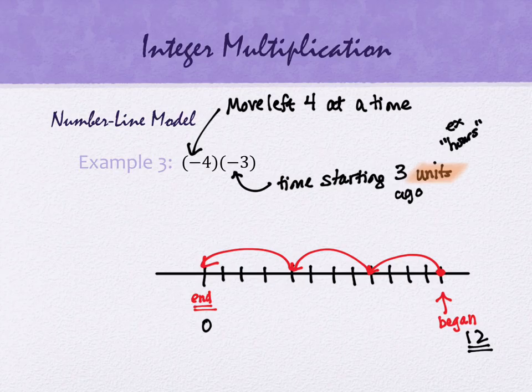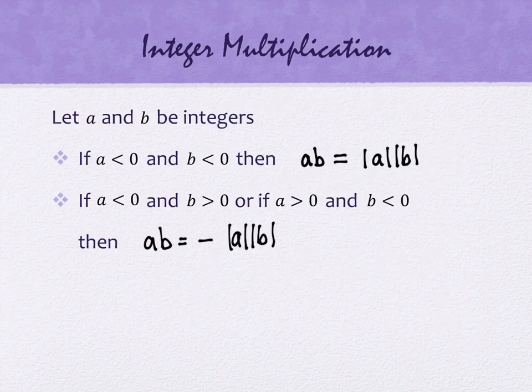We looked at this and said, oh, look, I've got a 4 and a 3. I'm pretty much going to be multiplying 4 times 3. We ignored the negatives to get to the number 12 to start with, didn't we? That's essentially what this is saying. It's saying ignore the negatives. And if I'm in case 1, where they were both negative, the answer is going to be a positive. And if I'm in case 2, where one was negative and one was positive, the answer will be a negative. Okay?